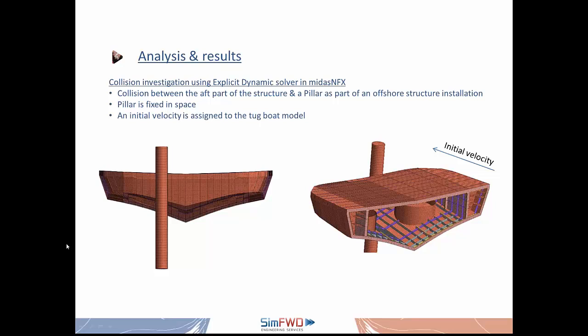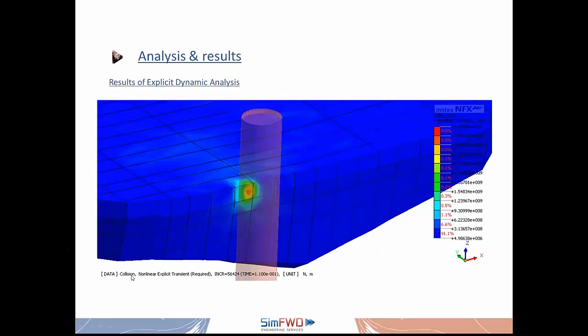So here you can see that we have a nonlinear explicit transient solver that is working. And we have, of course, an array of time steps, and we can get, let's say, the penetration of the column into the hull of the tugboat.